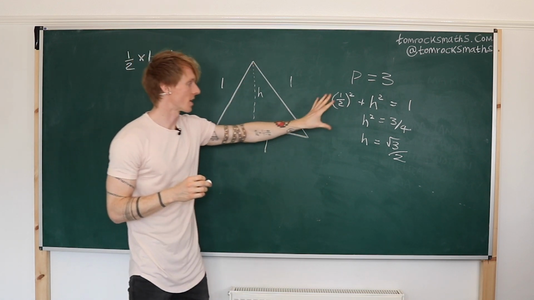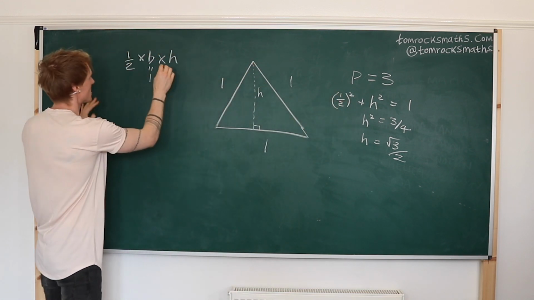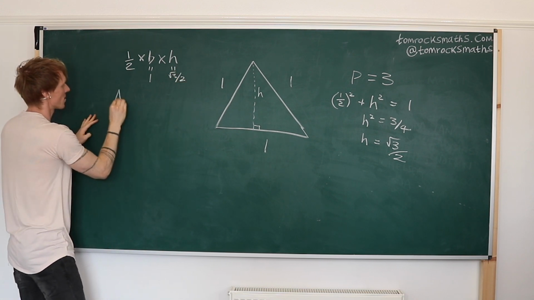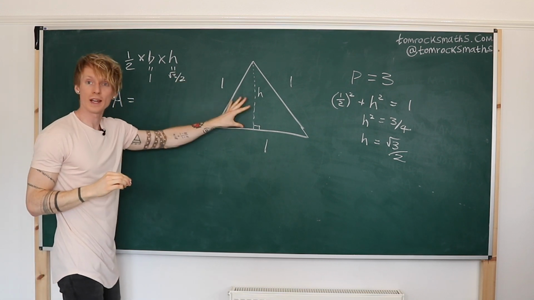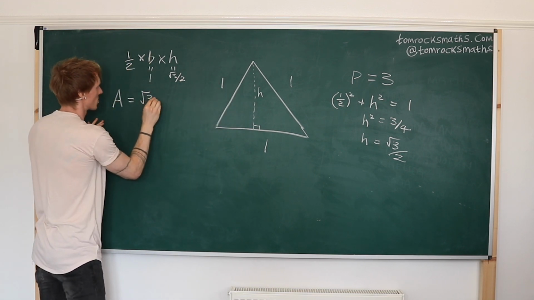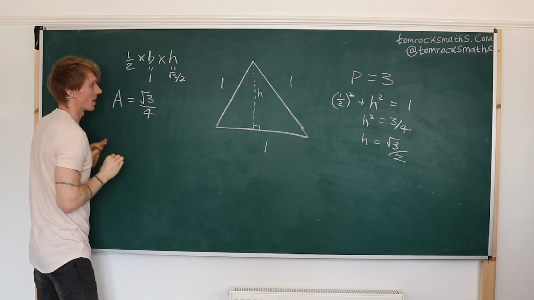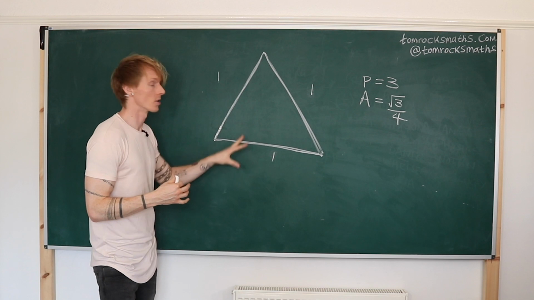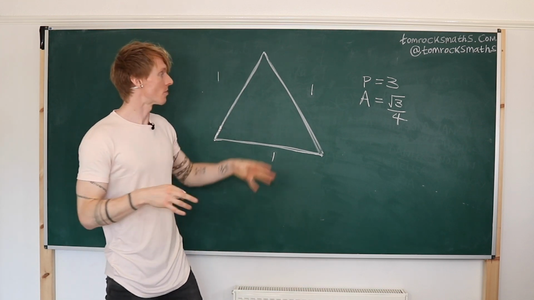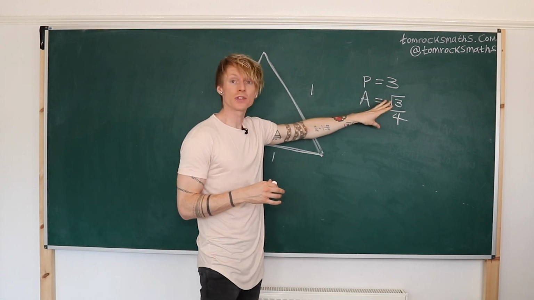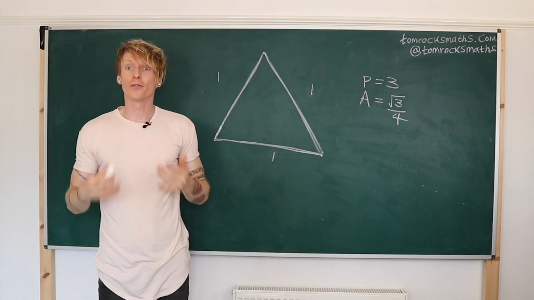So now we know the value of h, we substitute this into our formula up here, and we know that the area of our equilateral triangle is equal to 1/2 times 1 times √3/2, which is the square root of 3 divided by 4. So in summary, for our basic equilateral triangle of side length 1, the perimeter is equal to 3, and the area is equal to the square root of 3 divided by 4.